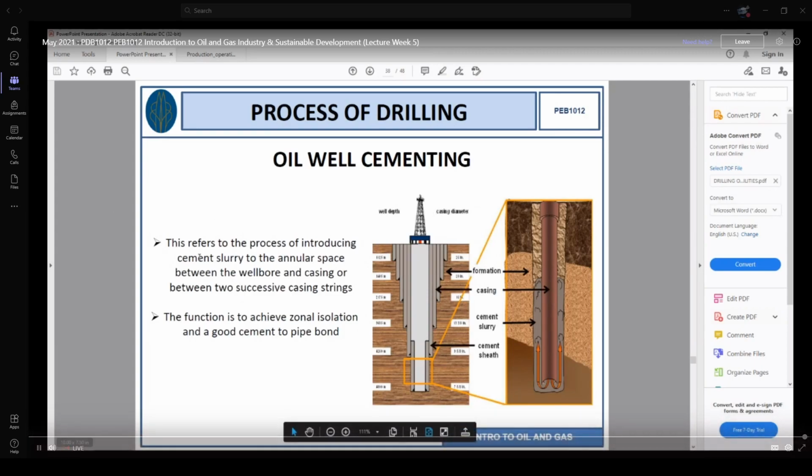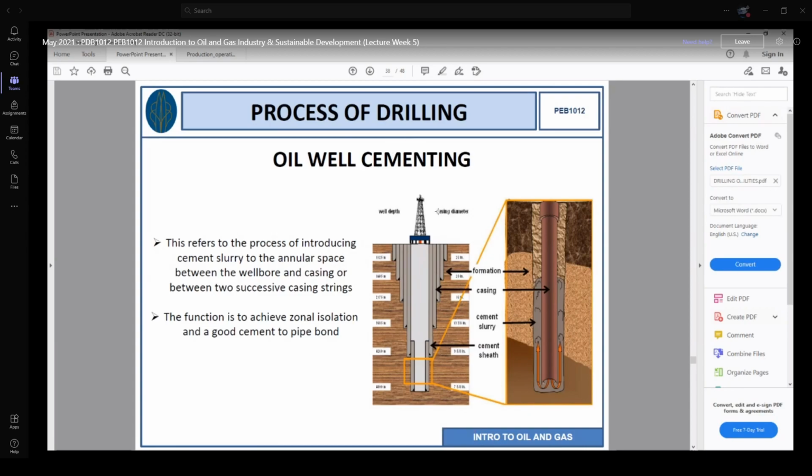So oil well cementing here is, after running the casing pipe into the wellbore, the next operation to be done is oil well cement operation, the cement job. In oil well cementing, we pump the cement from the surface. From here we pump, right? It will go all the way through the casing and the cement will go into the annulus.